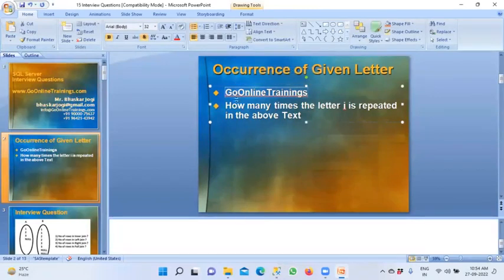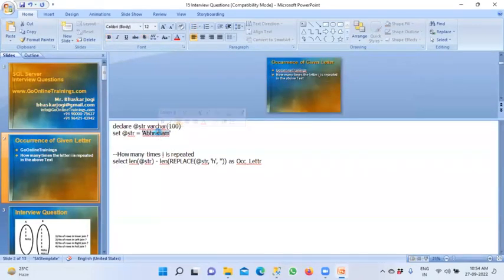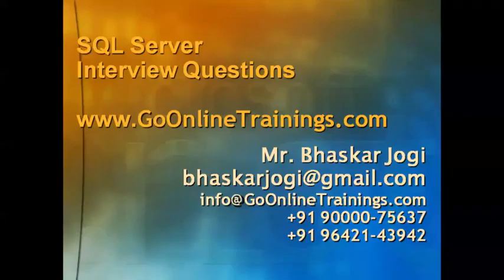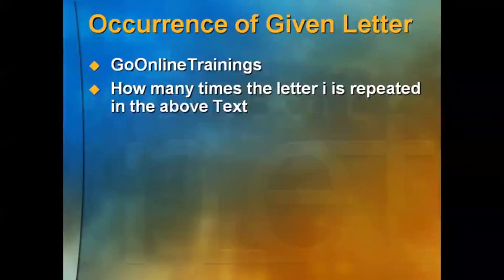Am I clear? Any questions if you have, you will be able to ask me now so that I will be able to answer. Very, very important, in all interviews this question is asked. How many times is the letter I repeated in the above text? Clear? So that is the answer.